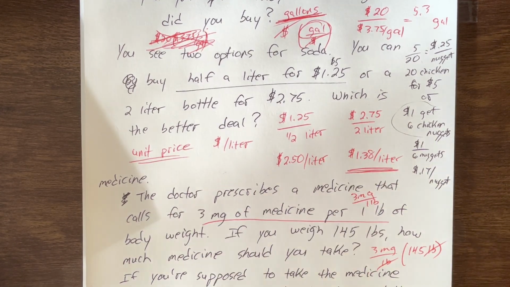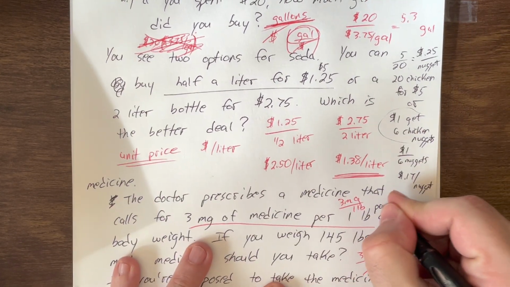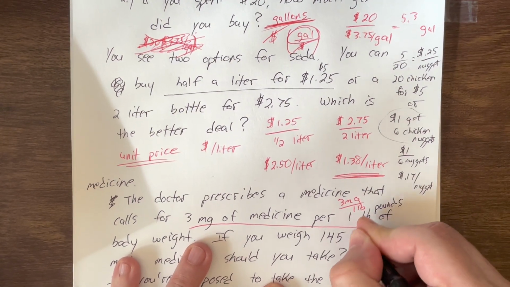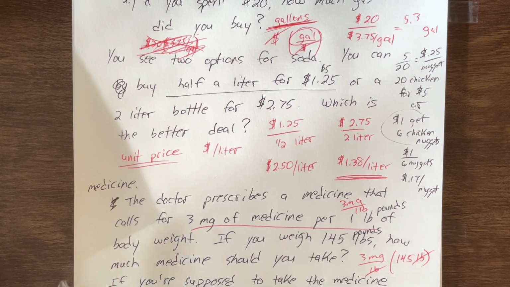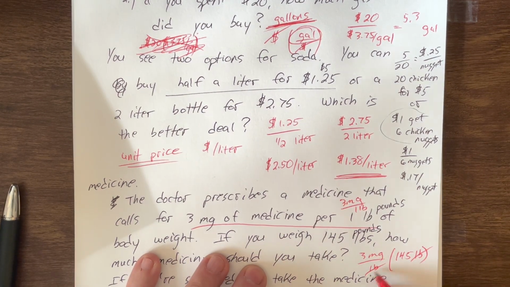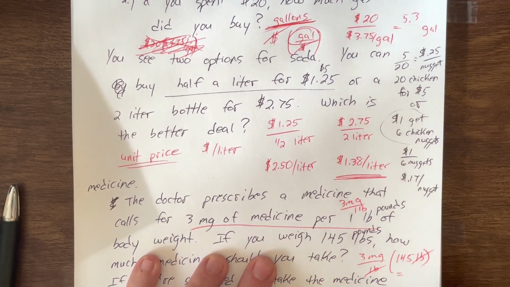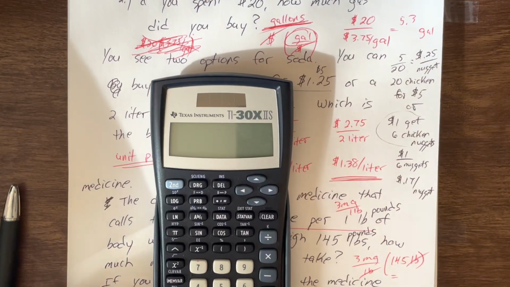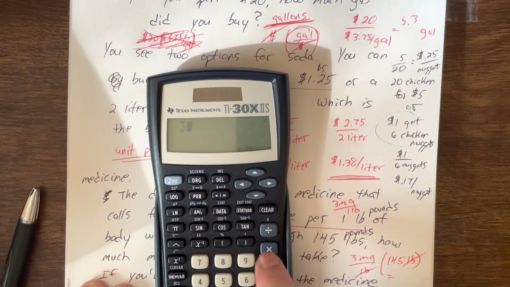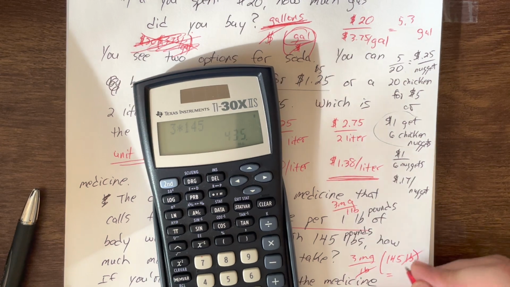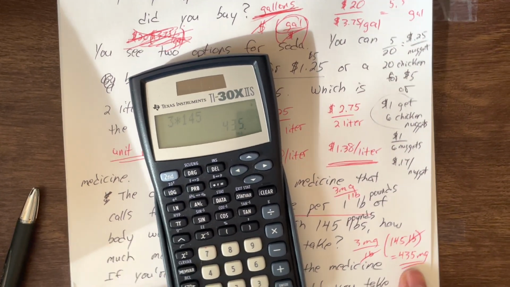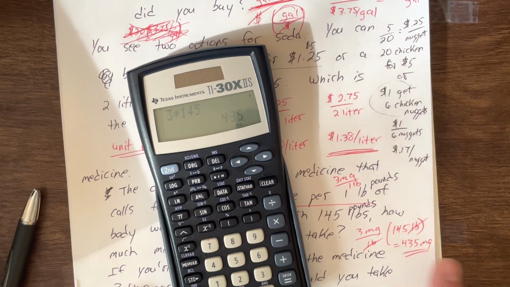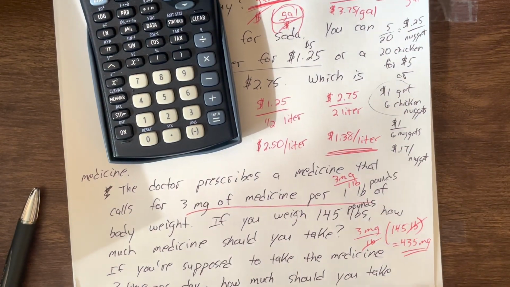I did mention in class, you don't have to remember the abbreviations. You could certainly write it out, pounds. That cancels. We'll do the arithmetic. We should take 435 milligrams of medicine.